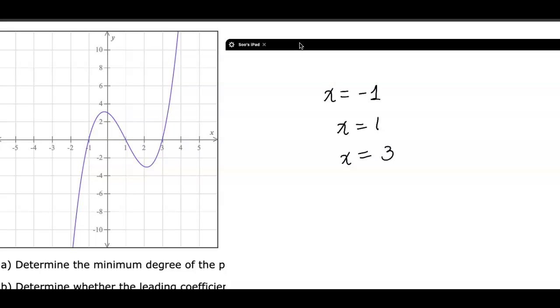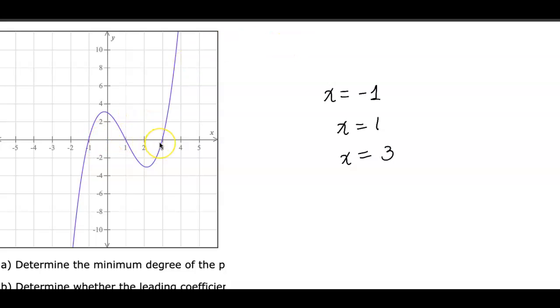These are the x-intercepts, as you can see. And here's one thing that I want to talk about. At each of these points, you guys see the graph is crossing the x-axis. The graph is crossing to the other side, crossing to the other side, and crossing to the other side. What does that mean?